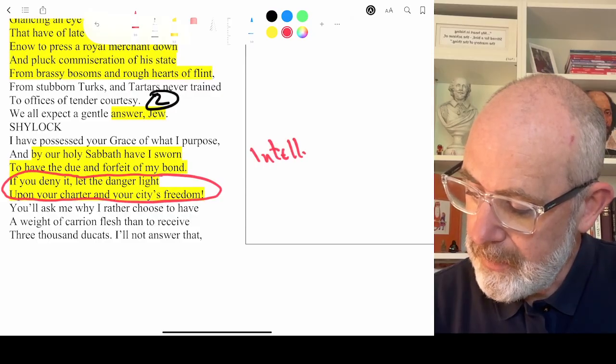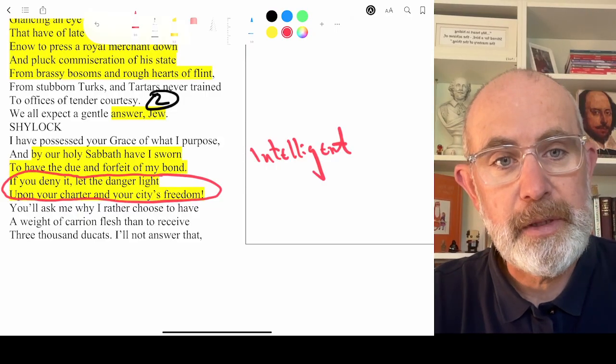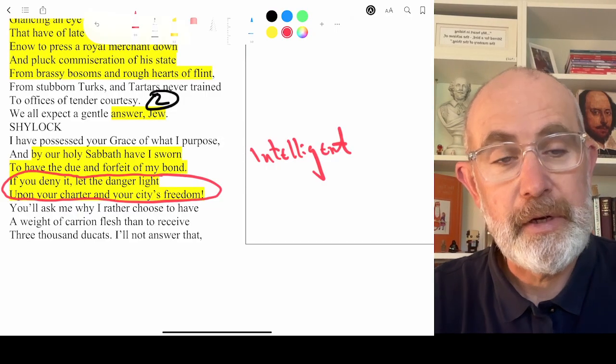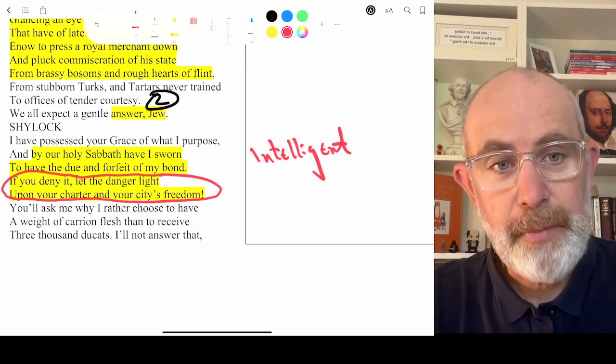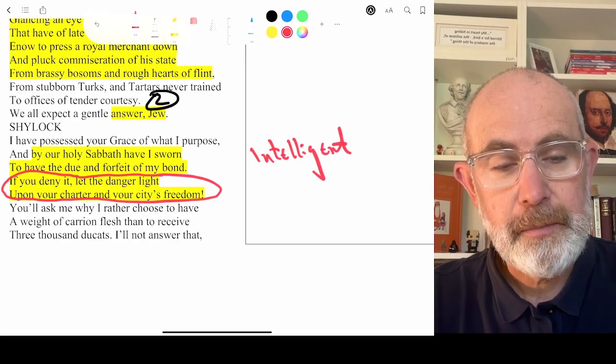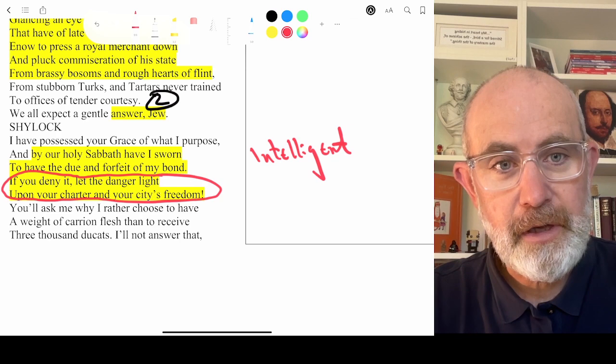The Duke might be sympathetic towards Antonio. The Duke might want Antonio to be released from his bond. But the Duke cannot compel Shylock, because if he does, he will ruin the reputation of Venice as a place of law, a place where contracts, once signed, are binding.